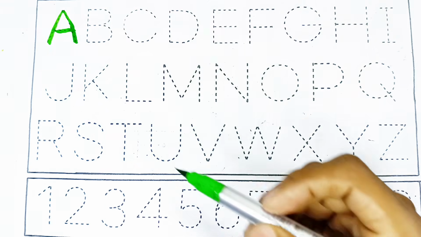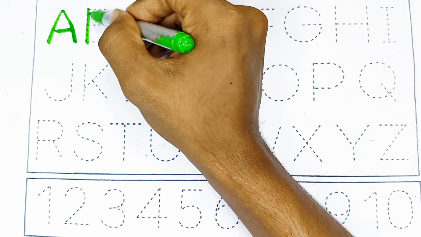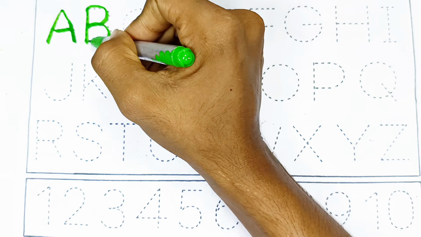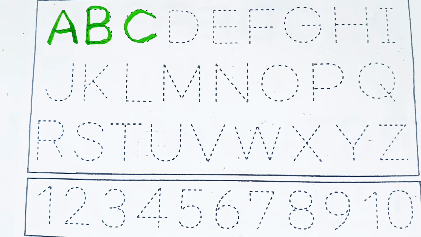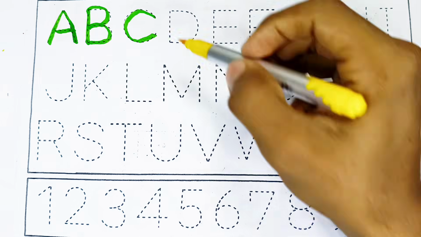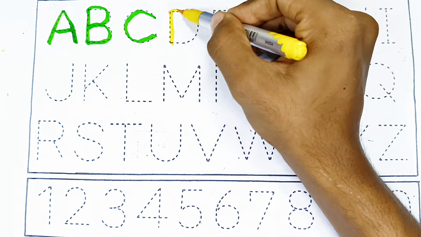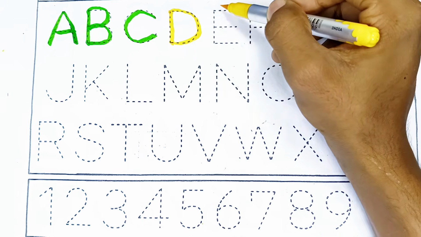A for apple, A for aeroplane. B for ball. C for cat. Kids, now you draw D. D for dog.